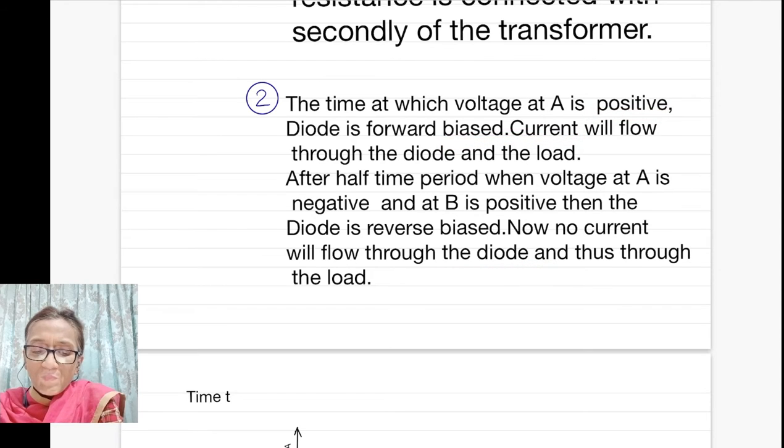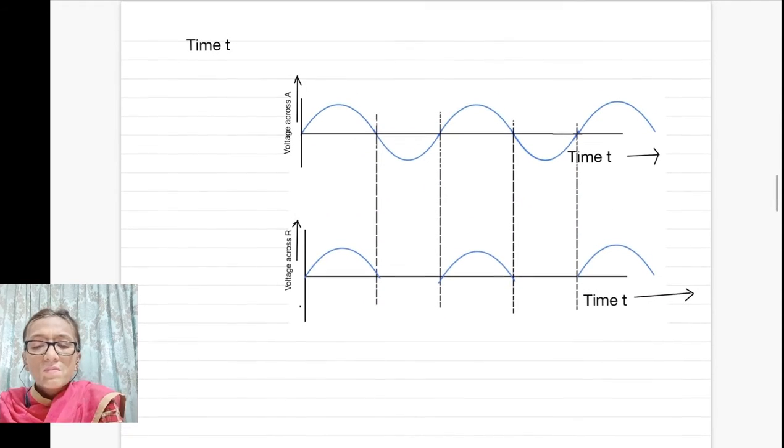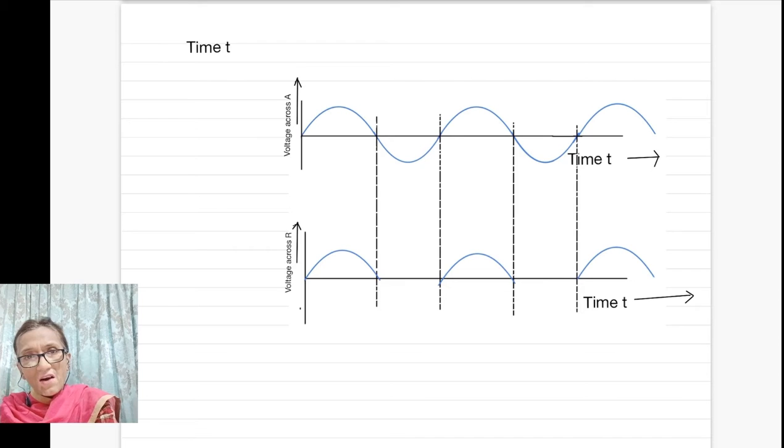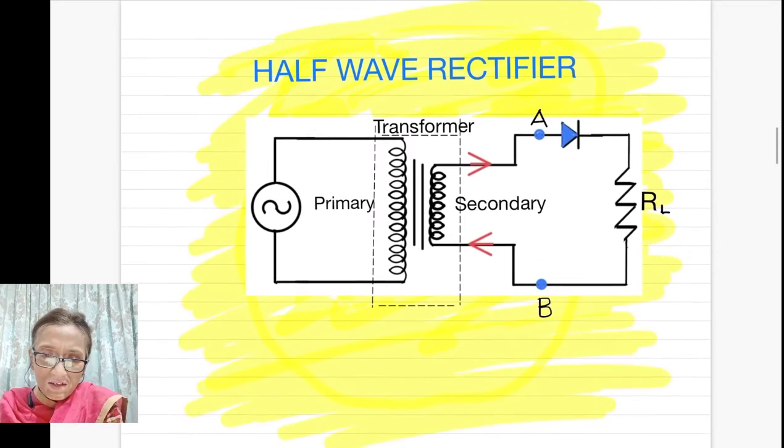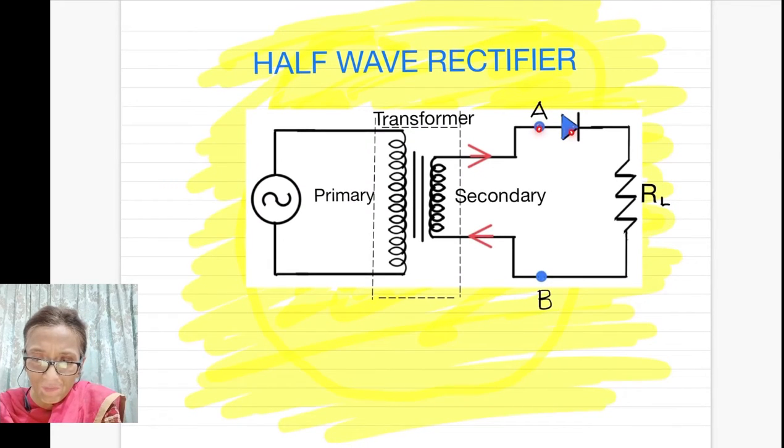And so the current is also broken at the load resistor. Now the kind of graph you obtain is the graph of voltage across A versus time. At this point A, which is before the diode, you have time varying voltage, because the AC which is fed into the primary is time varying.